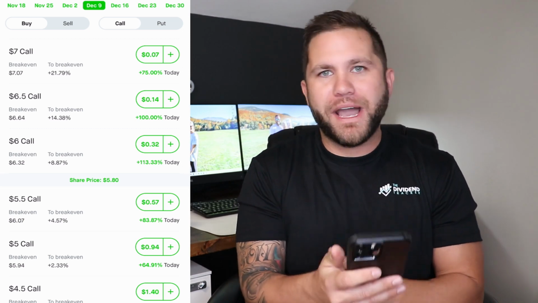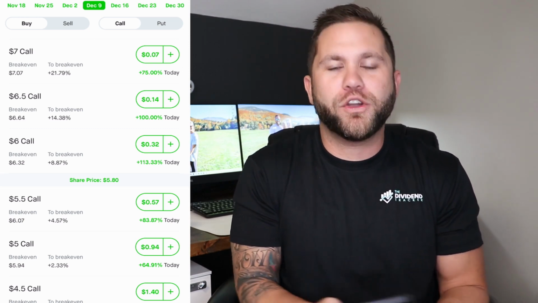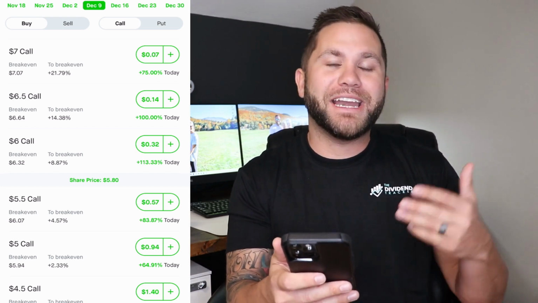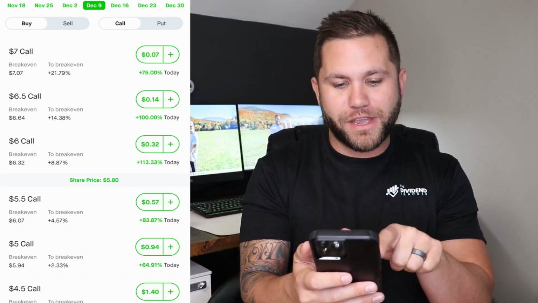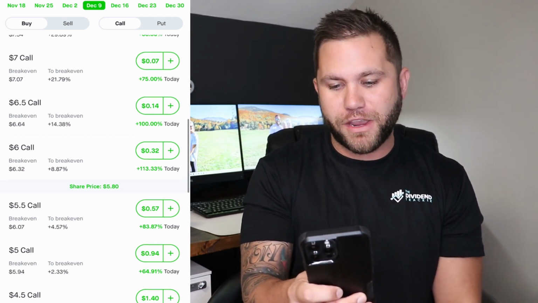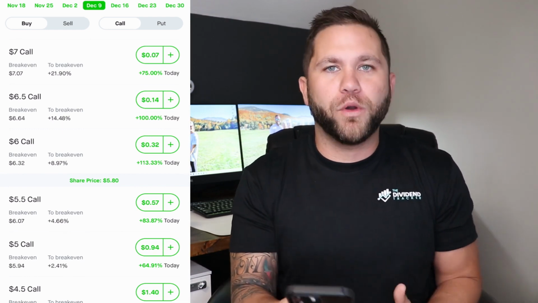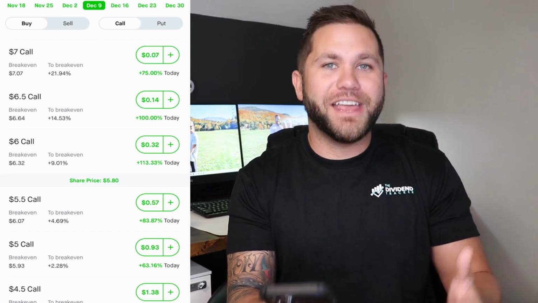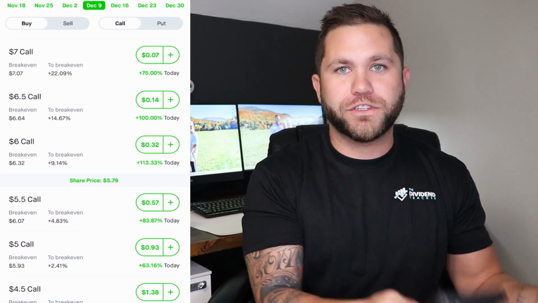If I wanted to buy 100 shares of SoFi, which is currently trading around $5.50, that would cost me $550. But if I buy one options contract at the $6 strike price right here, it costs me $32. So it's a lot less capital up front that may be able to have that same return on investment as if you had put the $550 down on the actual SoFi shares.